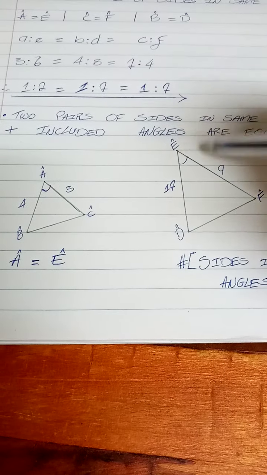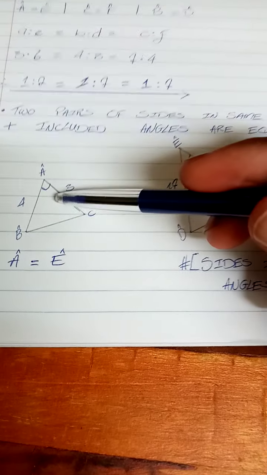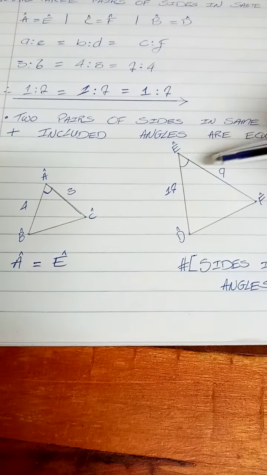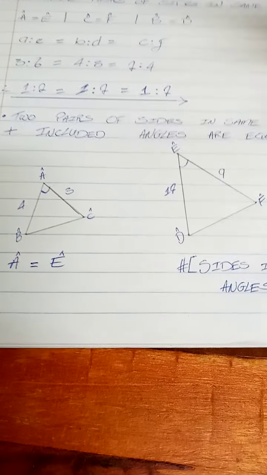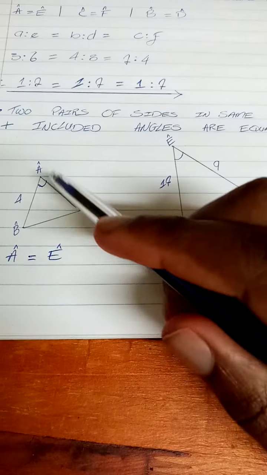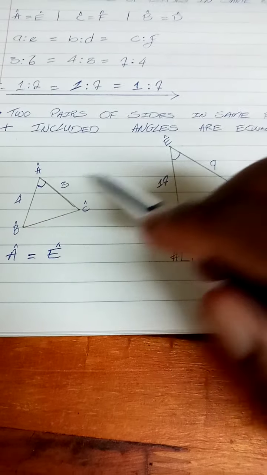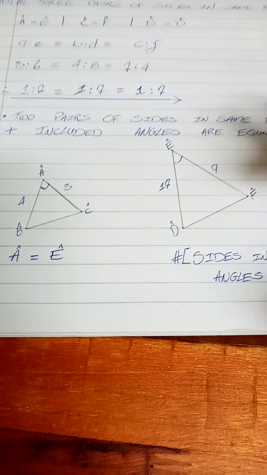Since A is equal to E, that means one side of the triangle has to be in the same ratio as the other side of the other triangle, but in relation to the angle. So you have to pay attention to the angles, where the angles are situated at this point.